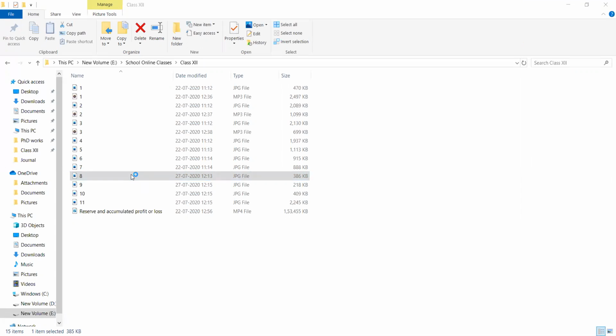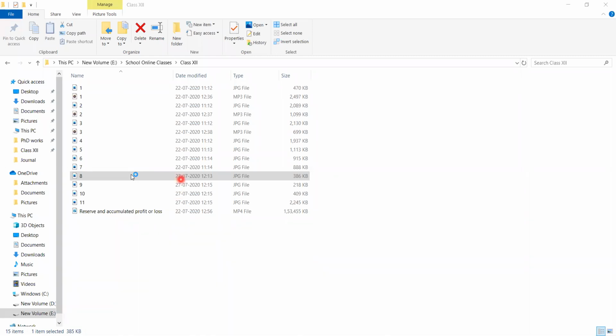All these reserves and funds show a credit balance, so you just have to close them by debiting them, and after that you can use the amount and transfer it to the capital account.